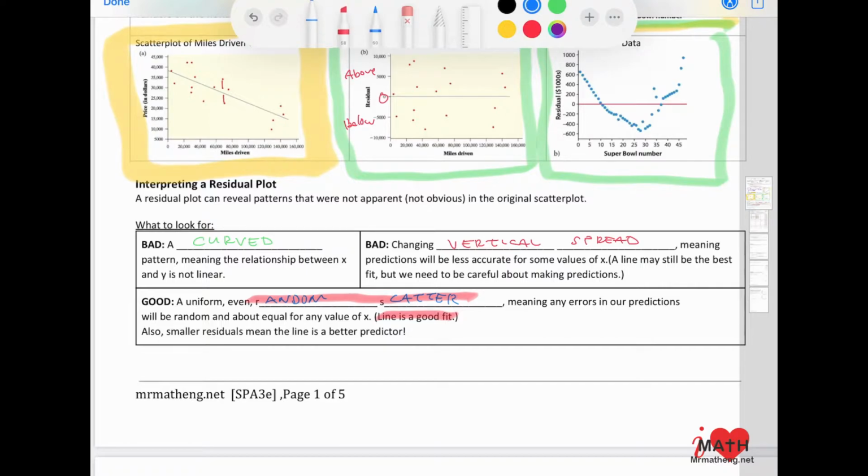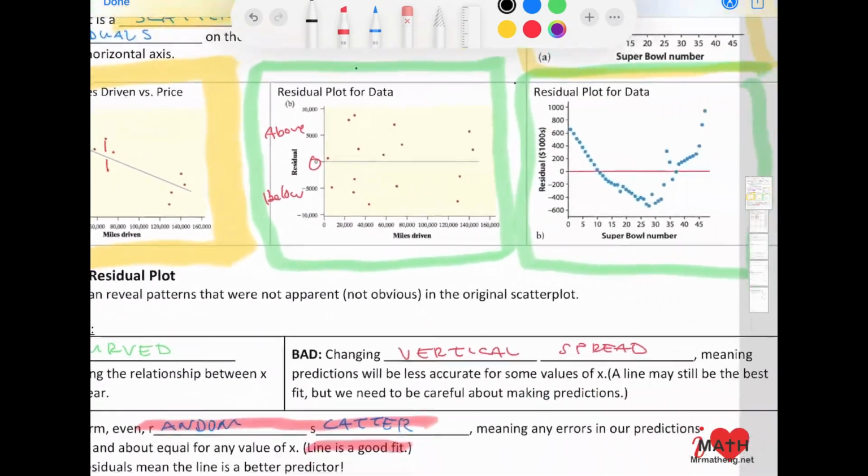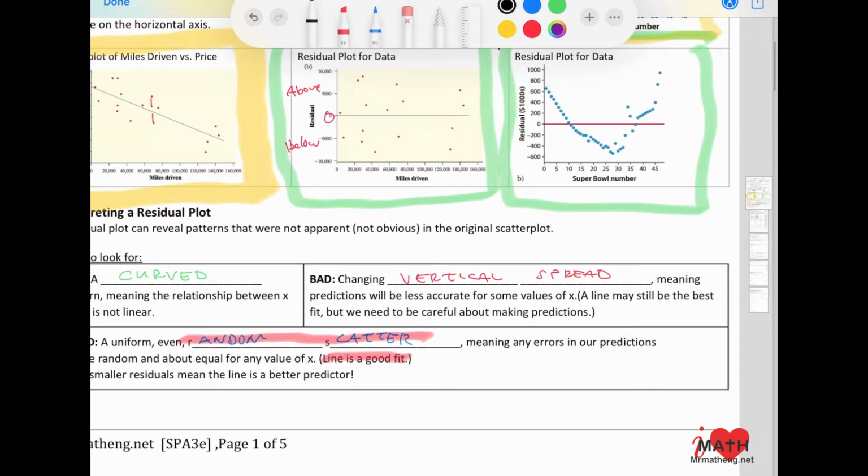Let's make sure that we have this super clear. Let's look at the truck one above. So again, yellow is the scatter plot and green is the residual plot. Can you see any patterns here in this residual plot for the truck data? Okay, so it is scattered, and this means it is good.